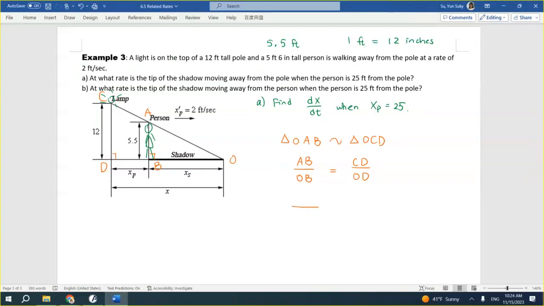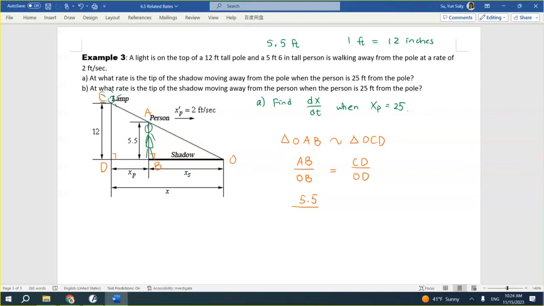AB is 5.5. All right. OB. OB is XS. Right, anybody?